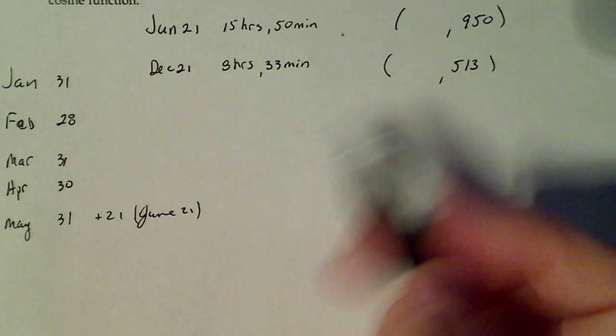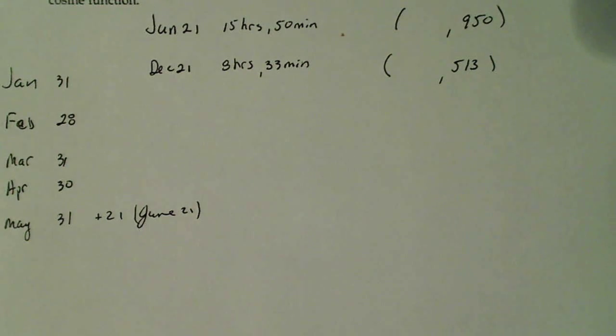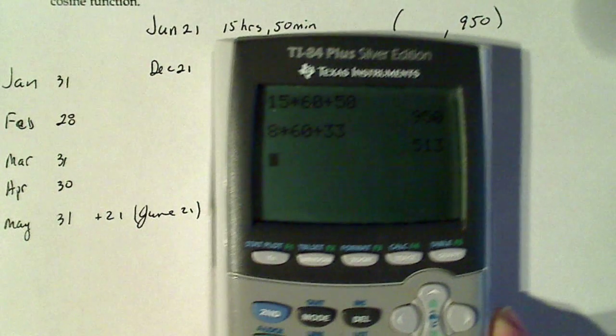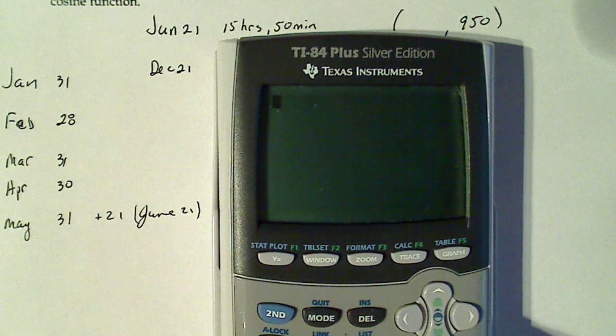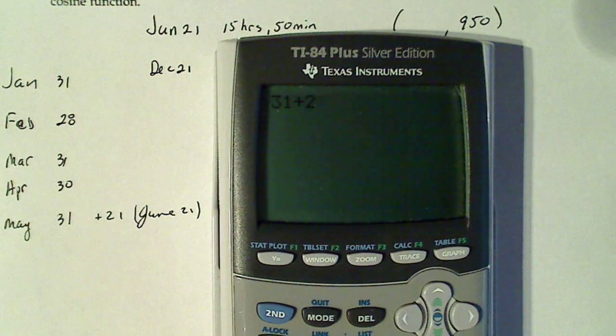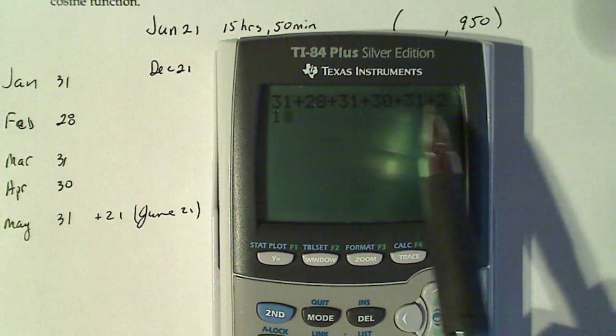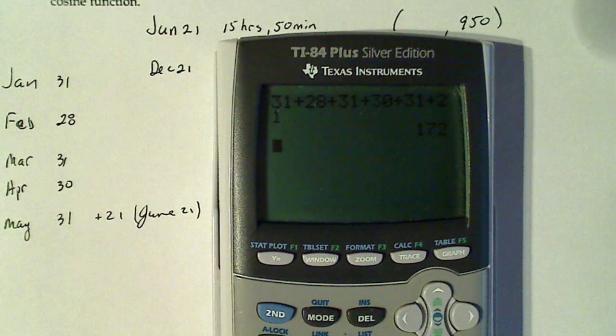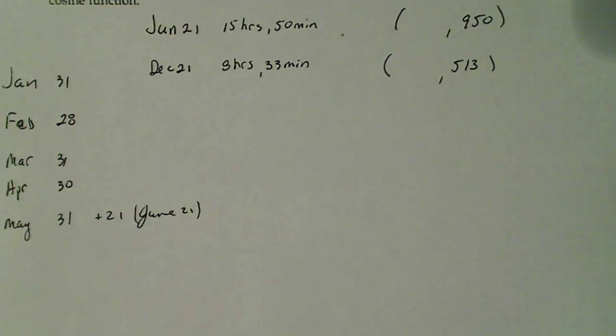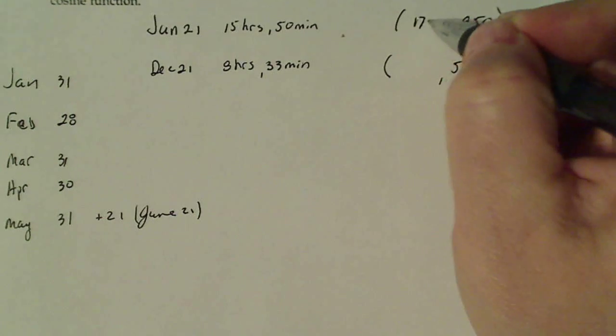That'll give us our input. Let's get out your calculator and add those up. 31 plus 28 plus 31 plus 30 plus 31 plus 21. January, February, March, April, May, June. It gives me 172 days.